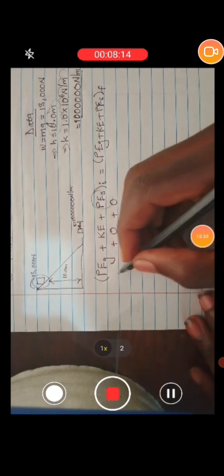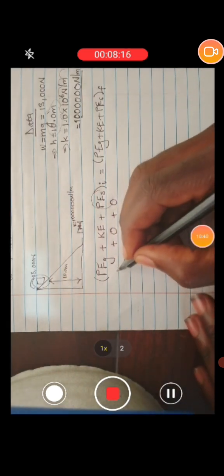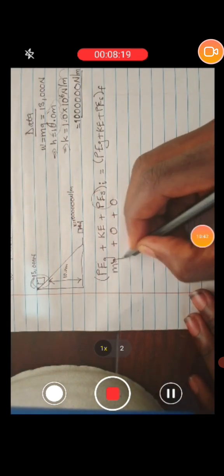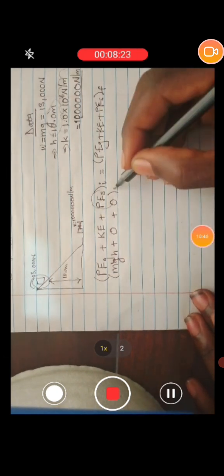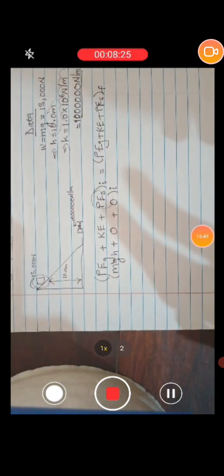The formula for gravitational potential energy is mgh. So this was initially, when the car was at rest.